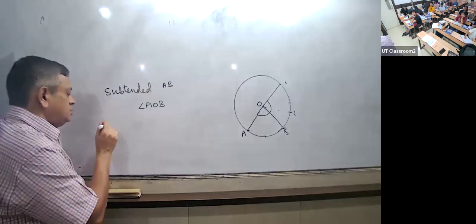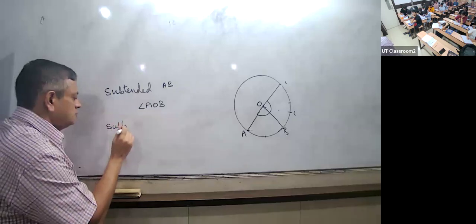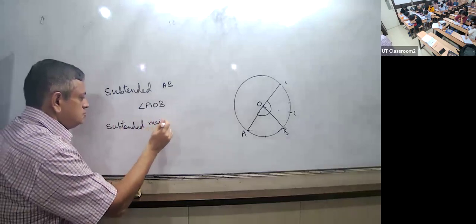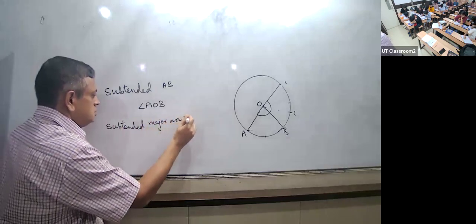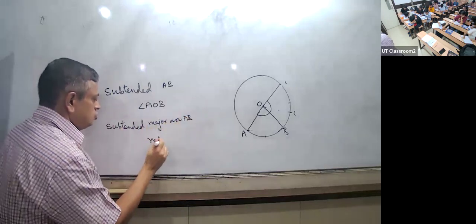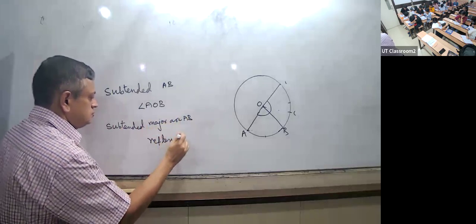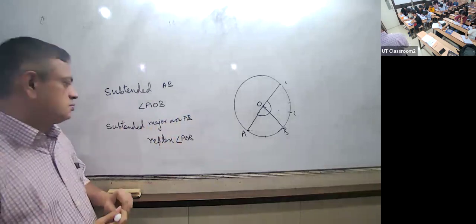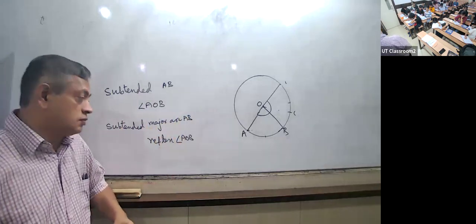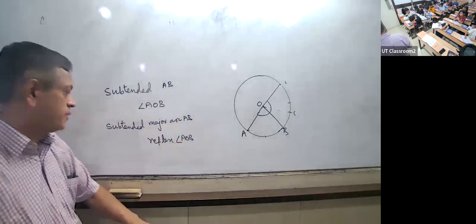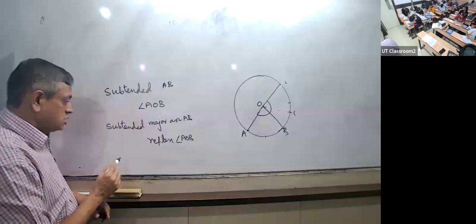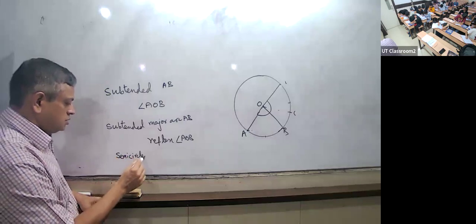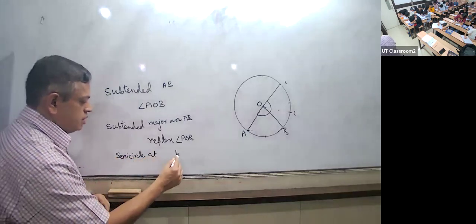Next line. Angle subtended by major arc AB at the center is reflex angle AOB. Third one, angle subtended by semicircle at the center is 180 degrees.